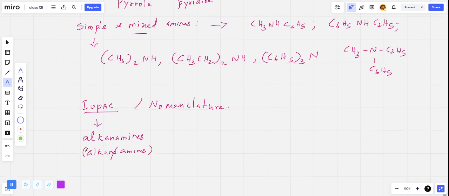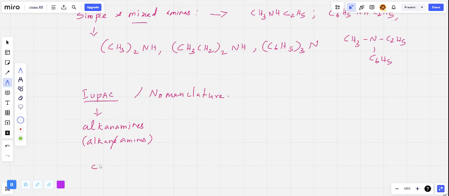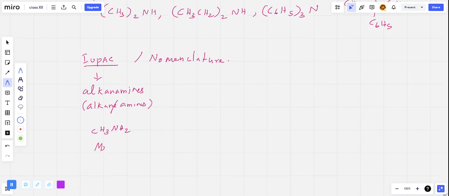If you see CH3NH2, what is this? Methane. We should not write E; instead we write amine: methanamine. Then C2H5NH2, this is ethane, so it is ethanamine.